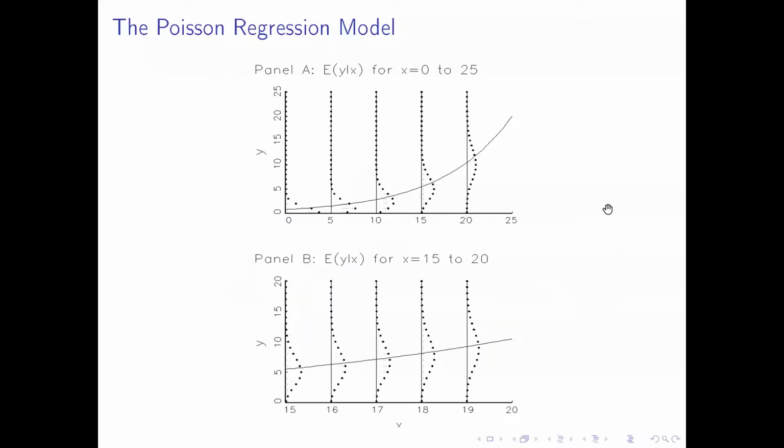Here is a graphical presentation of how the probability is going to be different across different levels of x. So here, for a single continuous variable that runs from 0 to 25, we don't have a conditional Poisson probability distribution for x equal to 25, but we do have it for 0, 5, 10, 15, and 20.